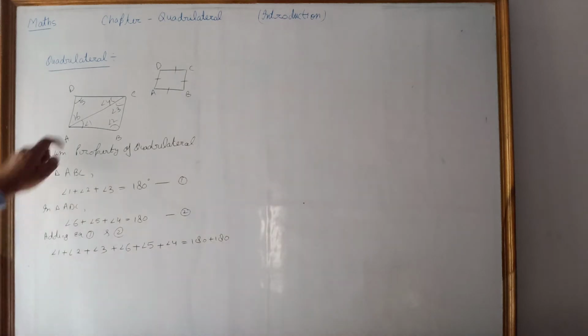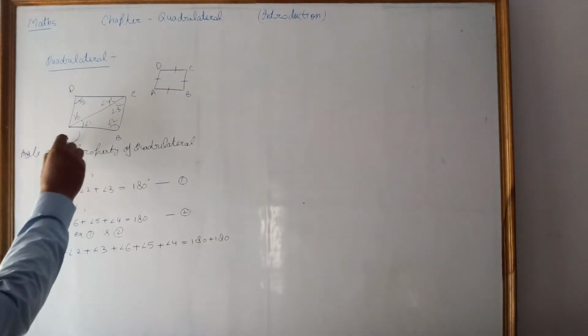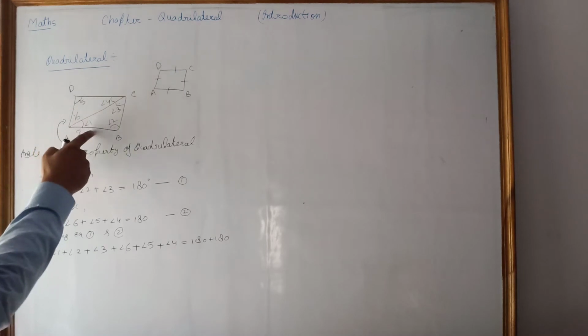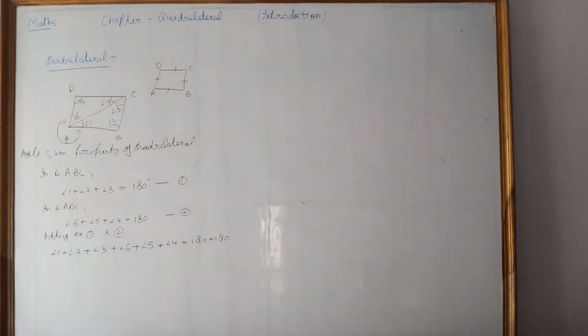Now see, students, carefully. This angle 1 and angle 6 together make the angle A.